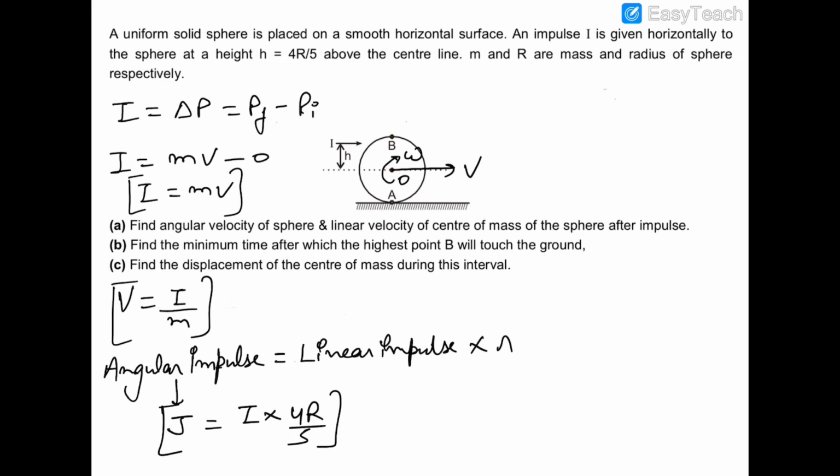So this is the angular impulse, and angular impulse J is also equal to the change in angular momentum, delta L. Now if we have to find out the change in angular momentum, since impulse is also calculated about center of mass, the change in angular momentum would also be calculated about center of mass.